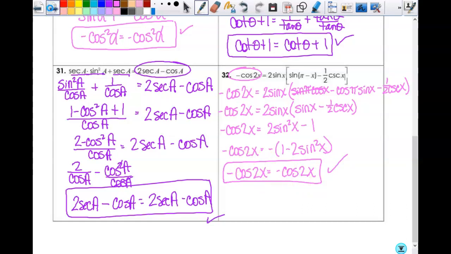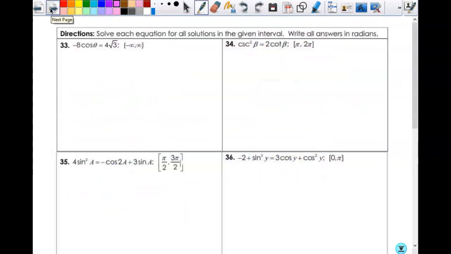All right, last page. Now we're going to solve the equation for the solutions in the given interval. So I need to solve for theta here. So I'm going to start by dividing by negative 8. So cosine theta equals negative square root of 3 over 2. So that means that theta equals, so cosine is negative in quadrants 2 and 3.